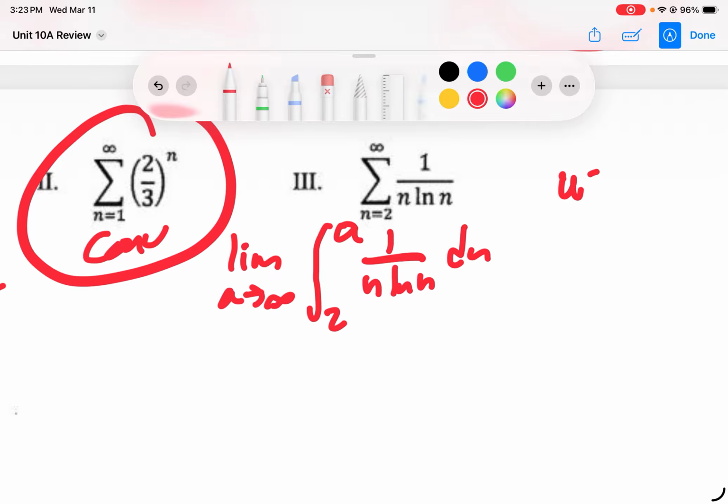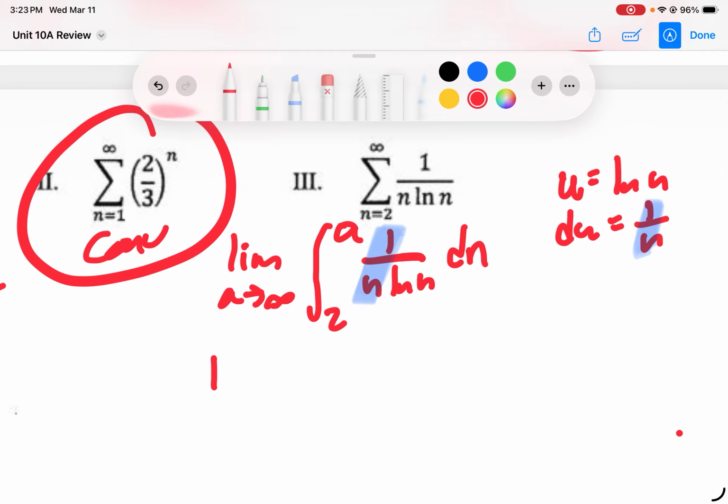So the u here is going to be probably natural log of n, because what is du? What's the derivative of the natural log of n? It's 1 over n, and that 1 over n is right there. So it'll be in the du, and it doesn't help that I write my n's like u's.